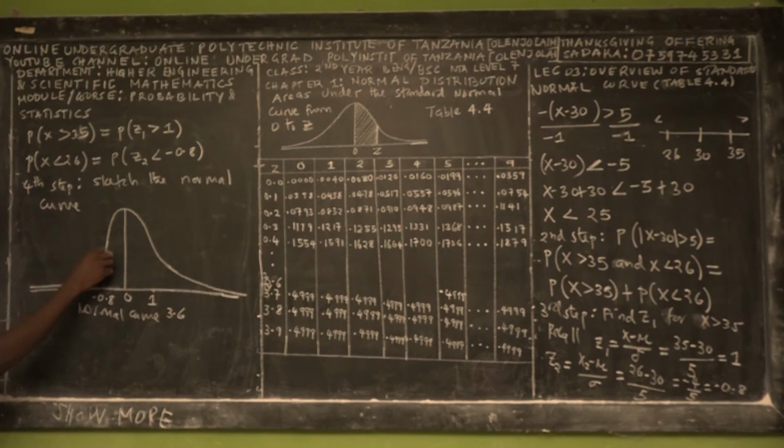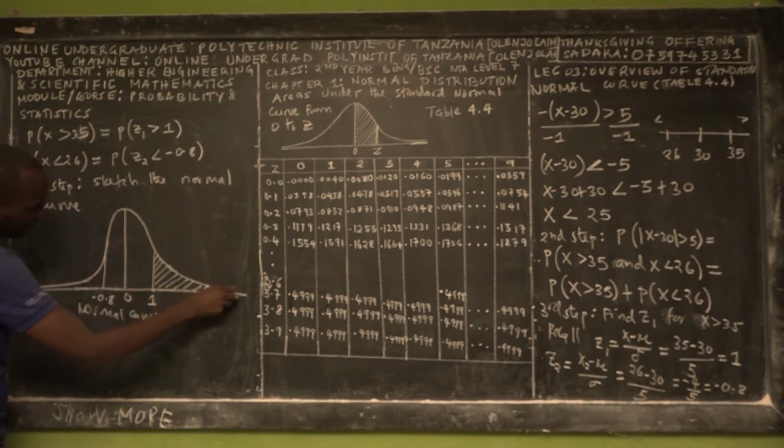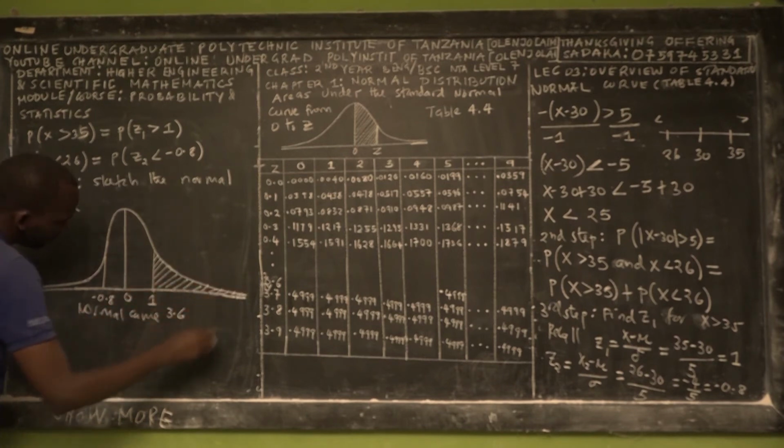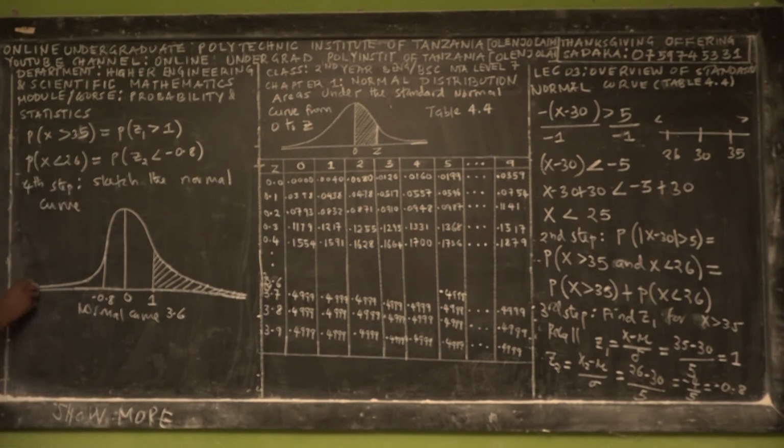So greater than 1, you have to find the area under this curve where we are shading, and then you have to find also the area under this curve.